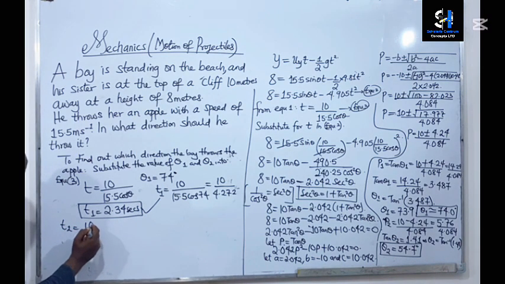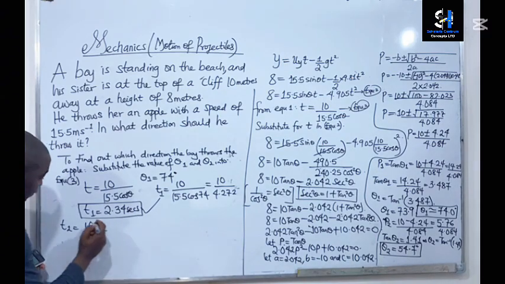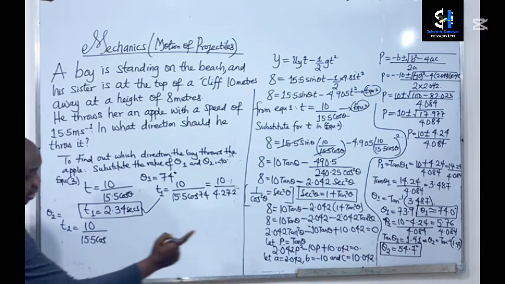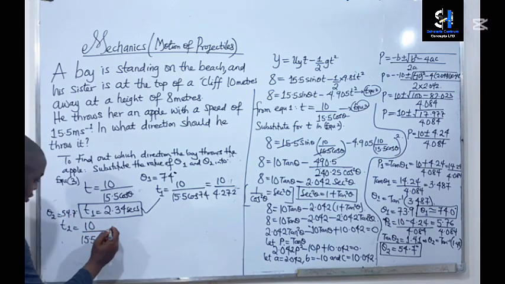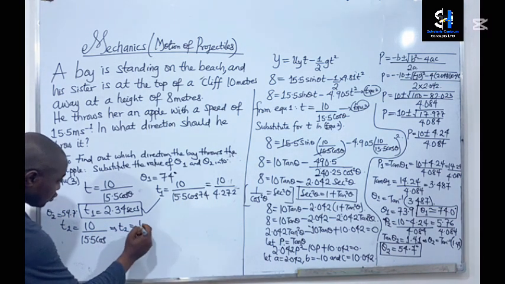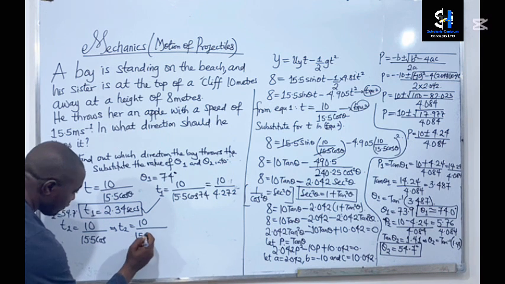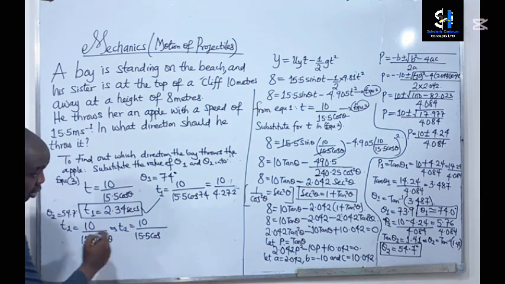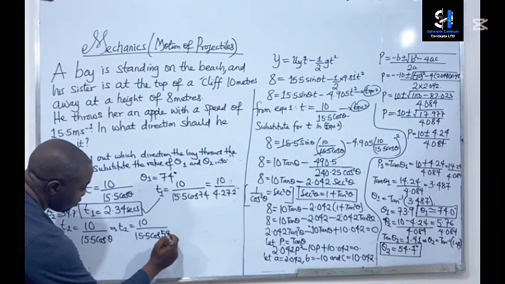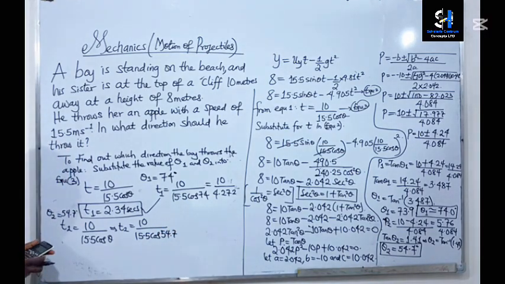Now let's calculate t2. For t2, it will be 10 over 15.5 cos theta 2, where theta 2 is equal to 54.7. So t2 equals 10 over 15.5 cos 54.7. What is 15.5 cos 54.7?